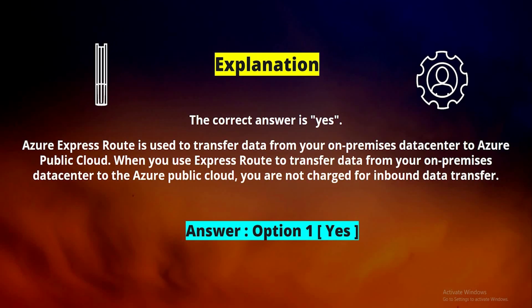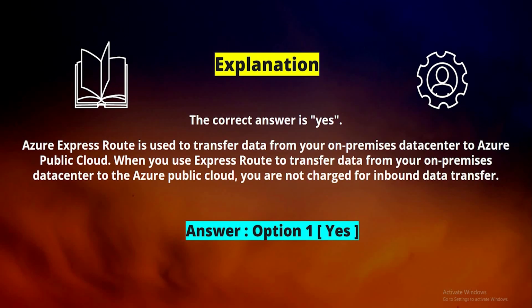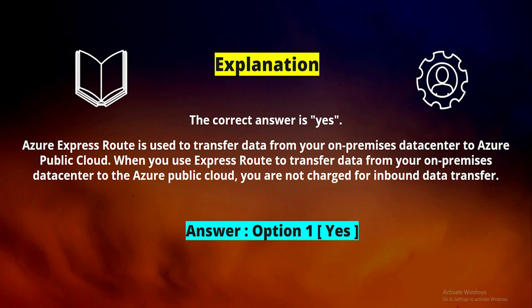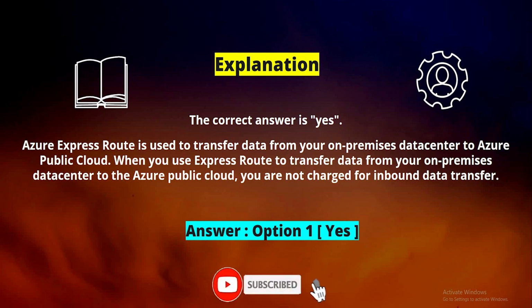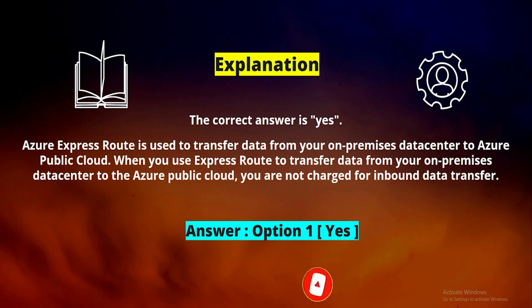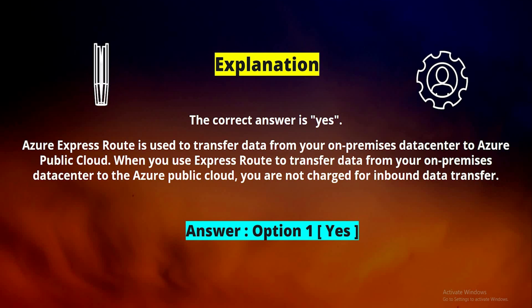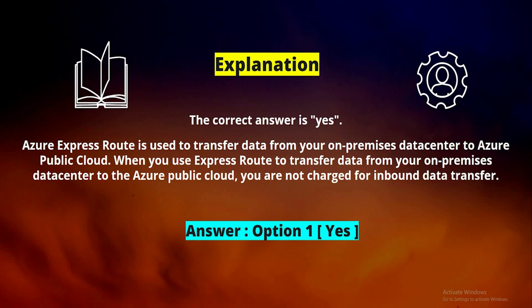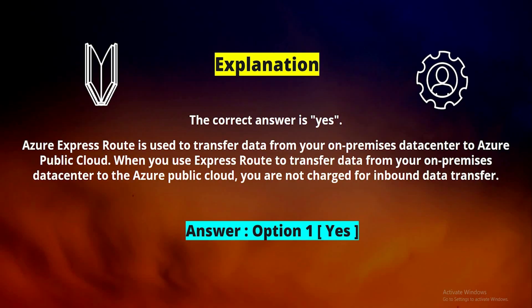Explanation. The correct answer is yes. Azure ExpressRoute is used to transfer data from your on-premises data center to Azure Public Cloud. When you use ExpressRoute to transfer data from your on-premises data center to the Azure Public Cloud, you are not charged for inbound data transfer.